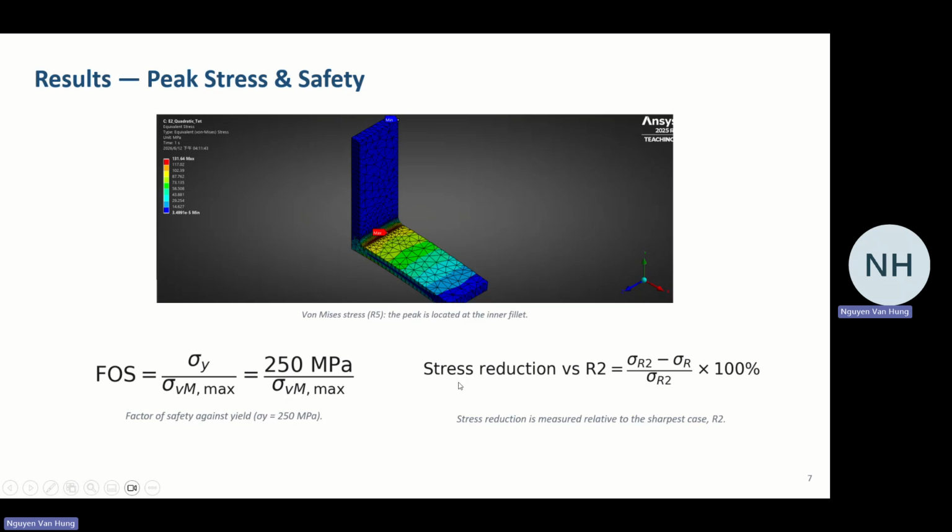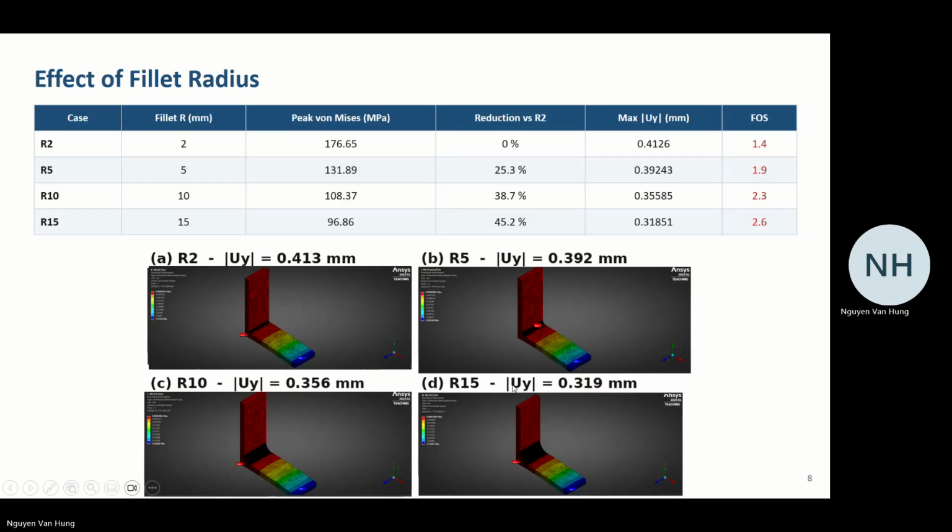And to compare the designs, I measured the stress reduction relative to the sharpest case, R2. With these two simple measures, the four cases can be compared directly.